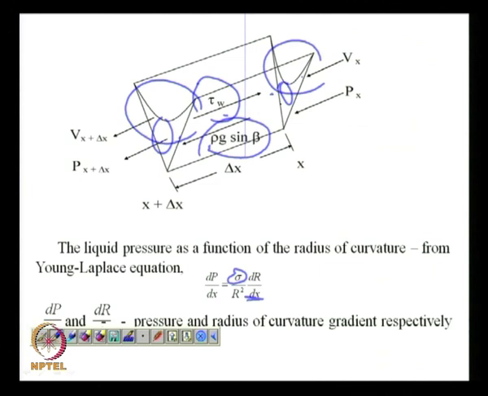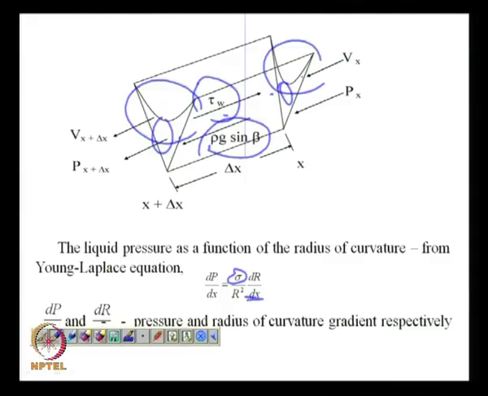Since the value of R changes, the value of curvature changes. As the value of curvature changes, the pressure of the liquid will keep on changing. So, a difference in the radius of curvature will create a pressure gradient for flow from the hot towards the cold side. I am sorry, from the cold towards the hot side. That is the essence of this modeling.